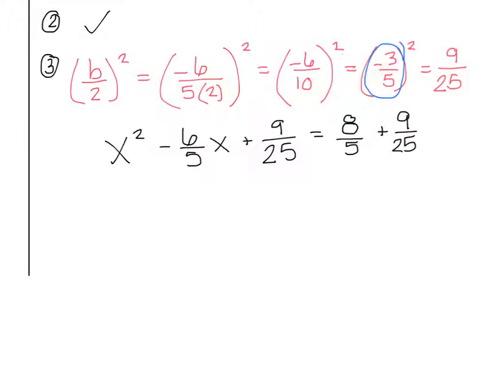And this jump to step 4 is what's probably most challenging to everyone, is that the left side becomes something squared and we got to simplify the right side. So what is in the parentheses on the left side? X minus 3 over 5 from up here.